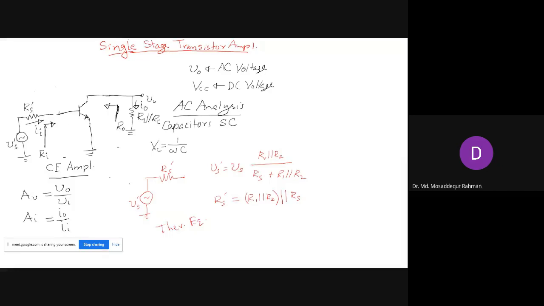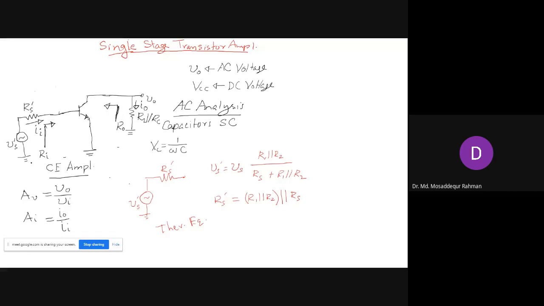Now you see the circuit here becomes like this. Very simple, that we introduced at the beginning of the last class, while we were explaining the different configurations, the difference between the different configurations, main features. So this is our transistor, common emitter is grounded, input is applied to the base, and the output is taken from the collector.